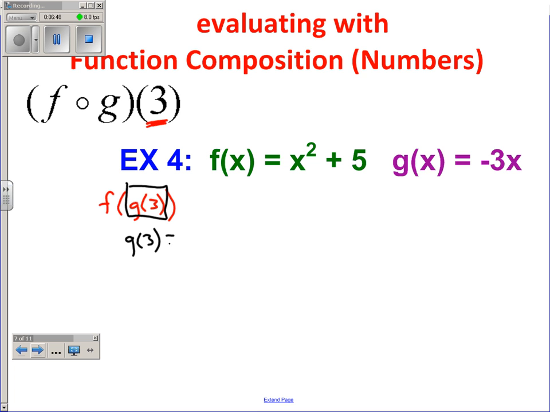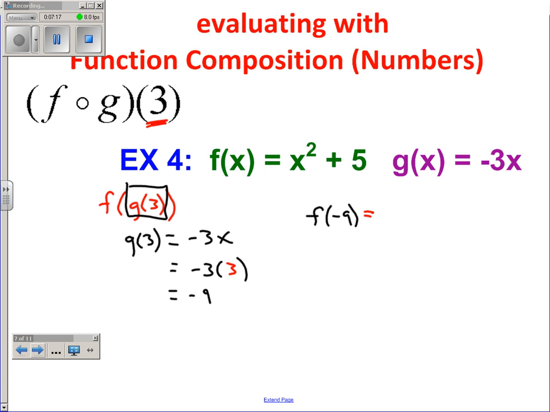So I'm going to use g, which is negative 3x, and I'm just going to substitute 3 in for x. Negative 3 times 3 is negative 9. Now I want to take f, which was my outside function, and do f of negative 9. And I got negative 9 from the answer that I just did for g of 3.